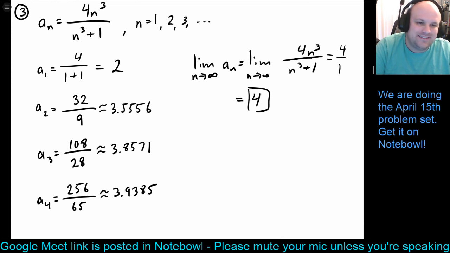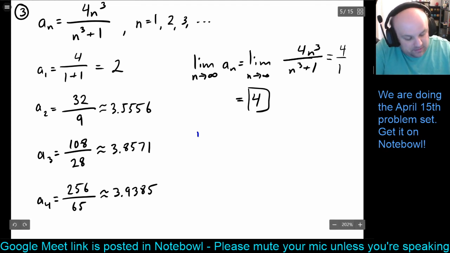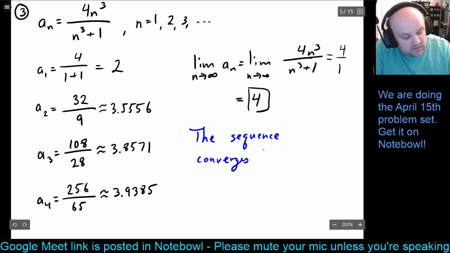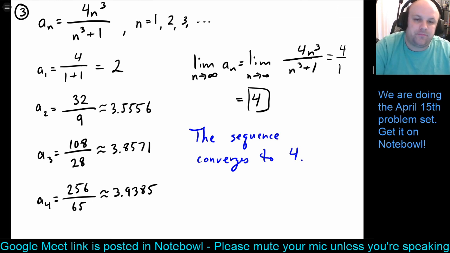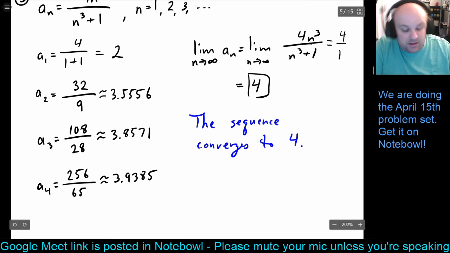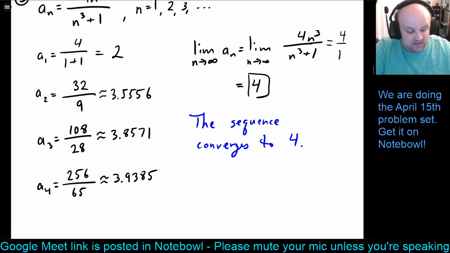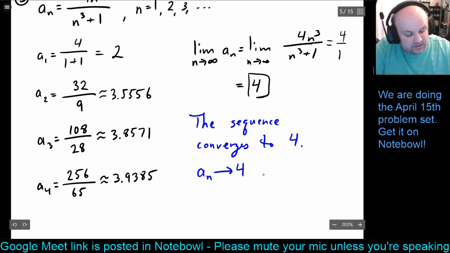Hopefully. So here we would say the sequence converges to 4. Another way to write this, a common way to do this, is to say a_n goes to 4 as n goes to infinity.